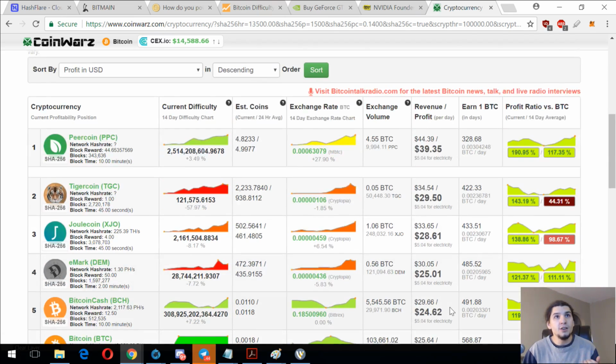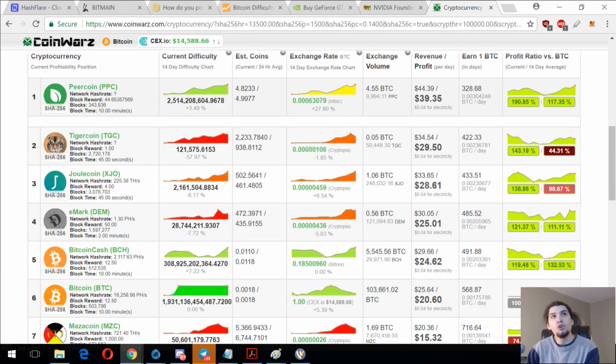Okay, go down. Of course, here we have some coins. Now you see PureCoin right now has a very inflated value; we're mining at 190% above what Bitcoin is. The way they calculate this, Bitcoin is what they call 100%, and they compare the other coins to Bitcoin. So right now, mining Bitcoin Cash is more profitable than Bitcoin and things like that.